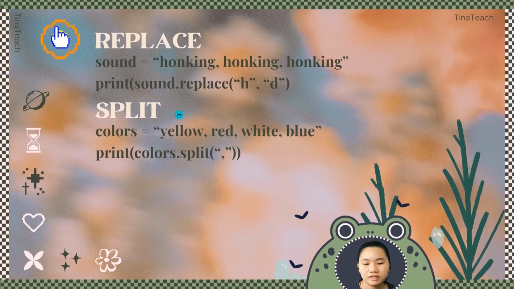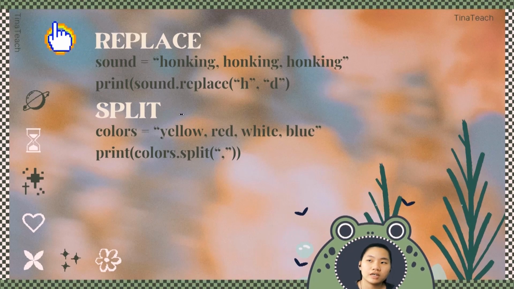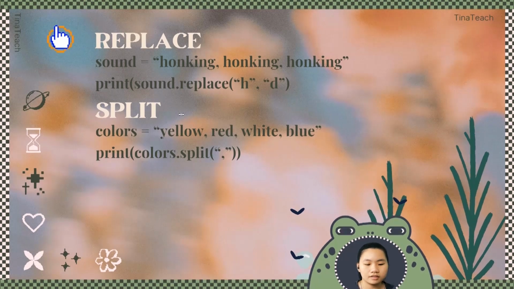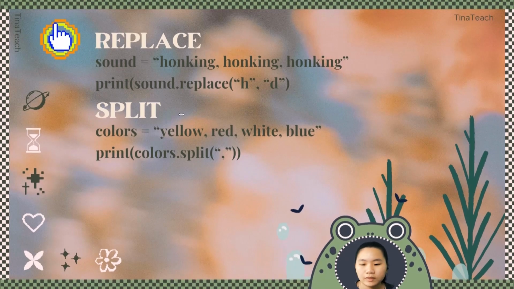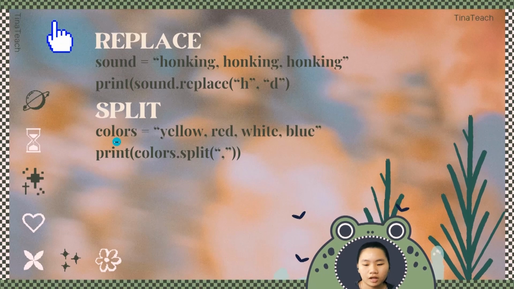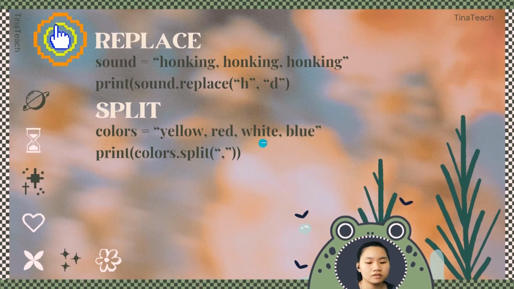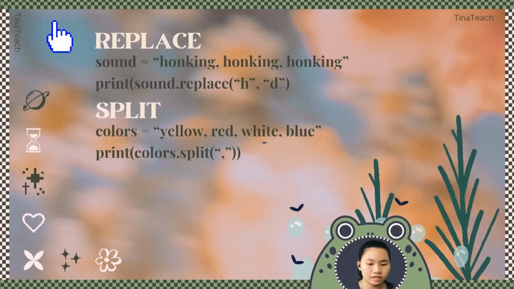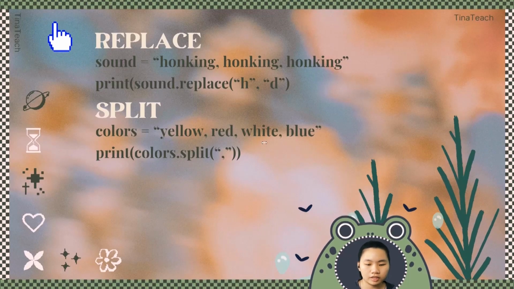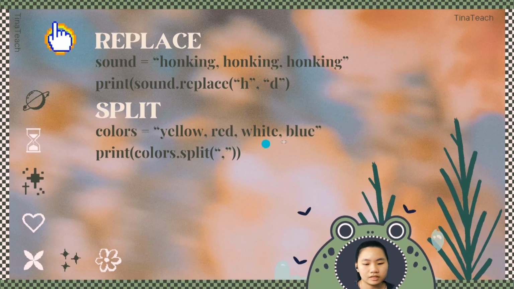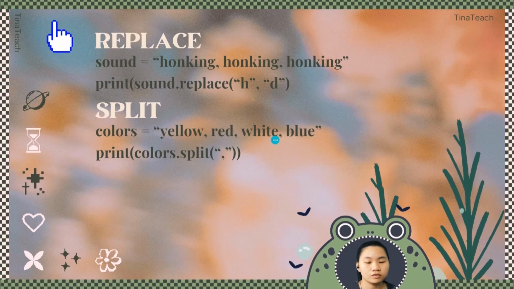Okay, last but not least, splitting. So as I've mentioned before, a string is an array, okay? And when you have a variable colors yellow, red, white, blue, this is considered one value, right? One value only in an array. But what if you want to separate these into separate values?